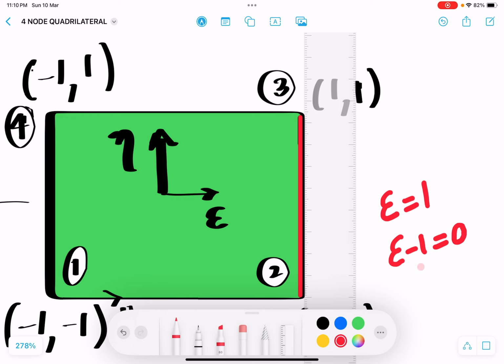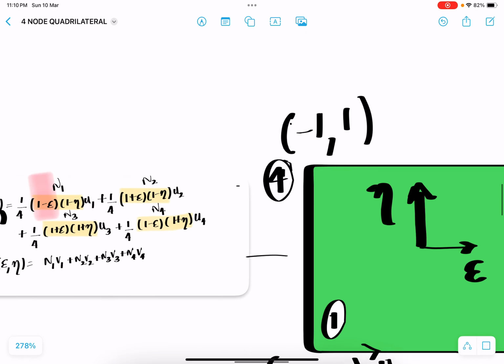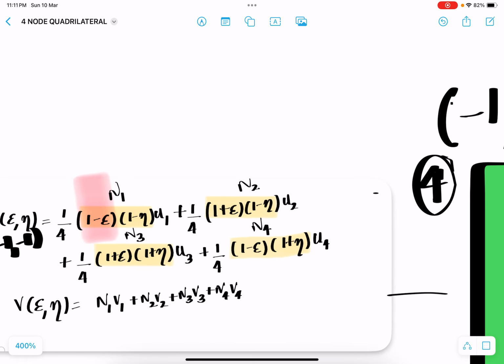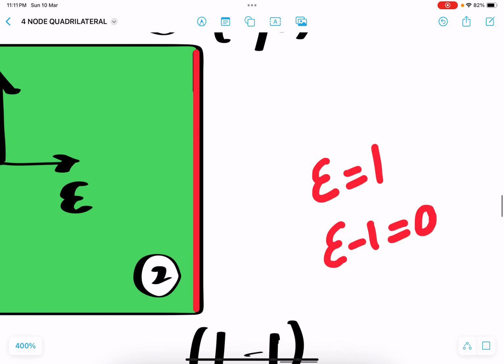Now, why am I saying that is a pattern? The reason is that epsilon is equal to 1, which means epsilon minus 1 is equal to 0, or 1 minus epsilon is equal to 0. The converse is equally true, right? So you see, that pattern is coming. In our case, it is epsilon minus 1 is equal to 0.